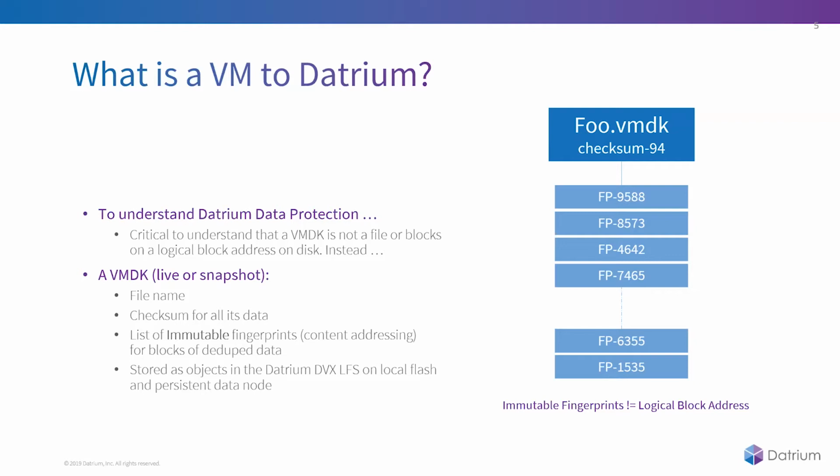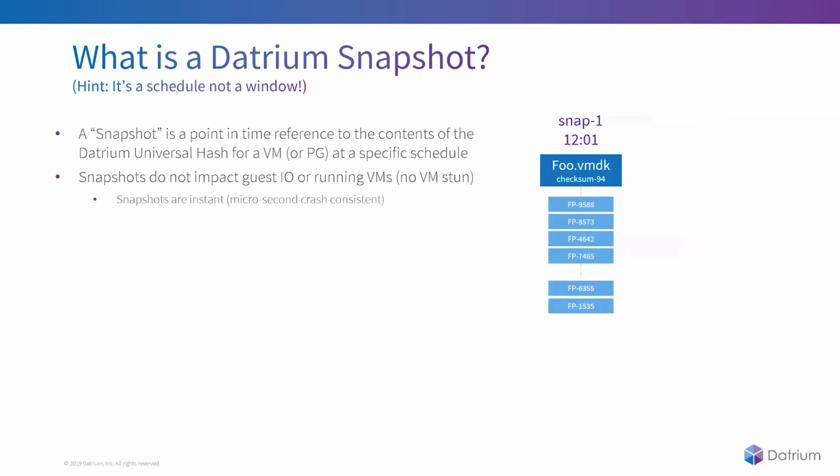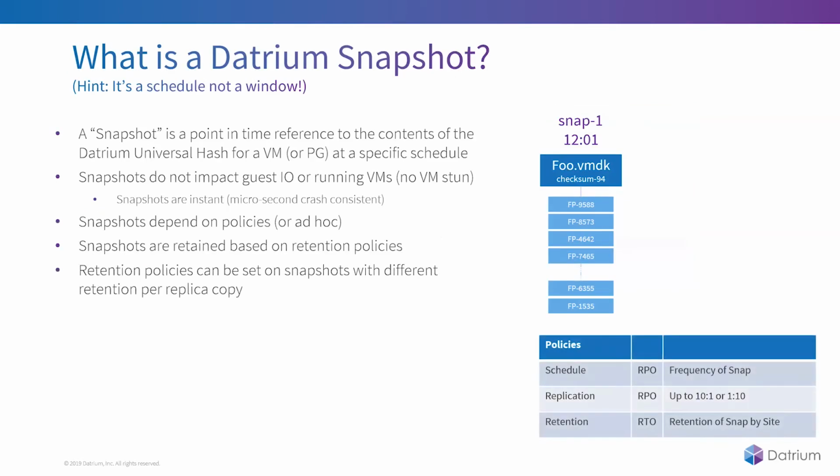Okay. When we talk about what a Datrium snapshot is, it's basically saying, we understand that this VM is made up of these files that are made up of these blocks that have these hashes. So this is my 12:01 snapshot.